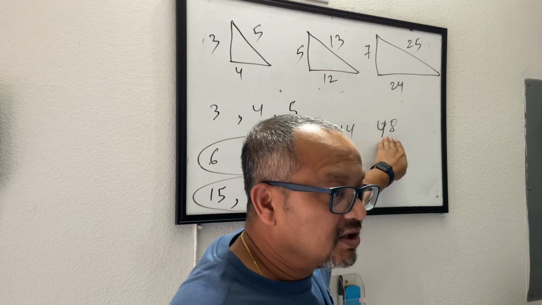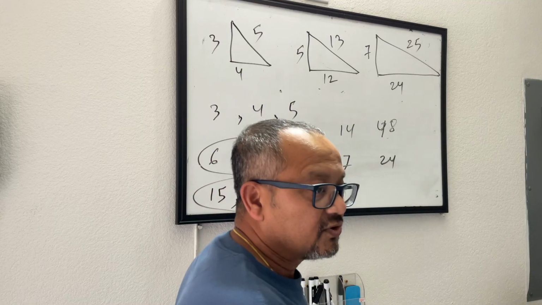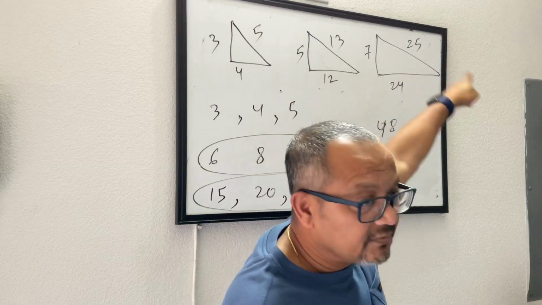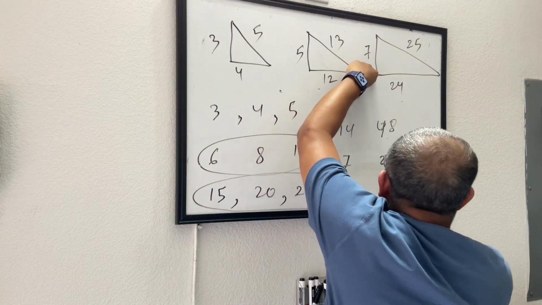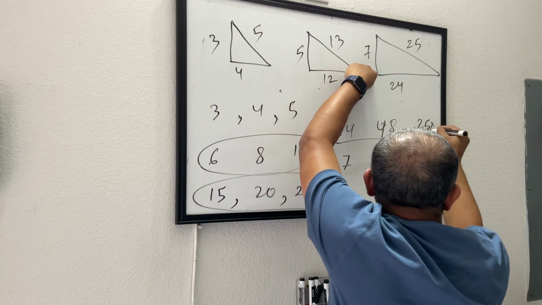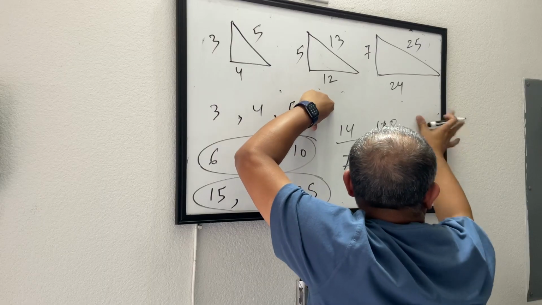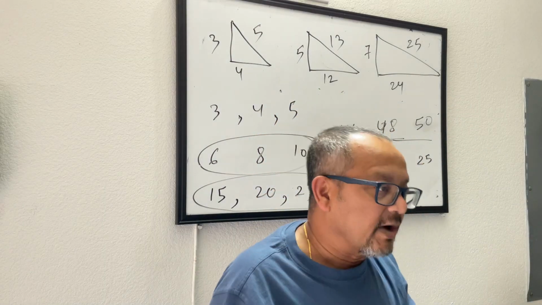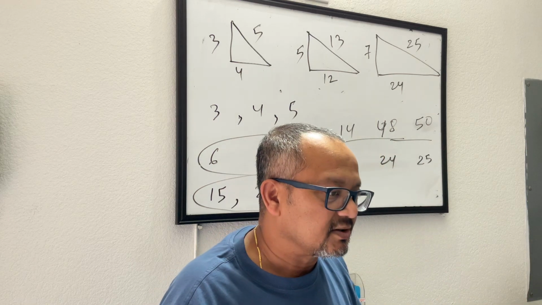This is also an even number. If you divide both of them by 2, this becomes 7 and this becomes 24. Oh, 7, 24, 25 is a combination. So third side will be 25, and to make it a triple, I have to multiply this also by 2 so that it matches with this combination. So we are talking about 50 here. This will be more like a mind map that you can do to find it out very quickly. Otherwise, obviously, you can apply the Pythagorean theorem to solve it.